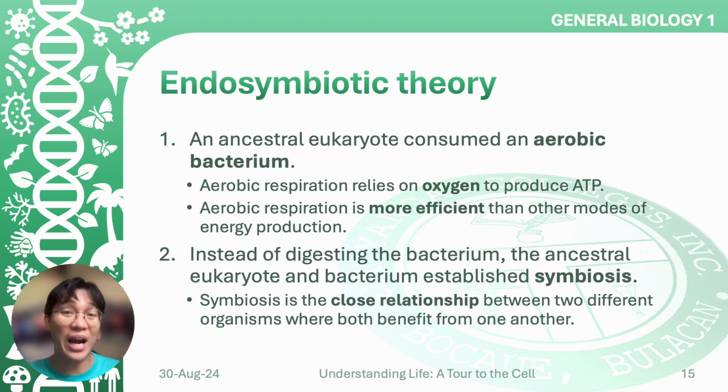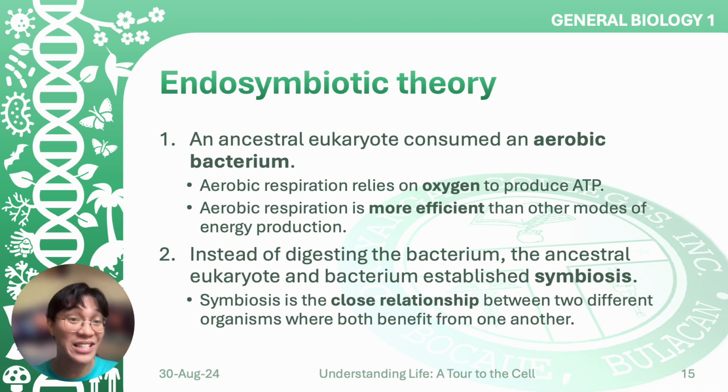An ancestral eukaryote consumed an aerobic bacterium. In the case of John, he consumed Micah. And as you can see here, aerobic respiration is more efficient than other modes of energy production. When you're using oxygen, you're producing a lot of energy, and if you have more energy, you have a higher chance to survive, right?